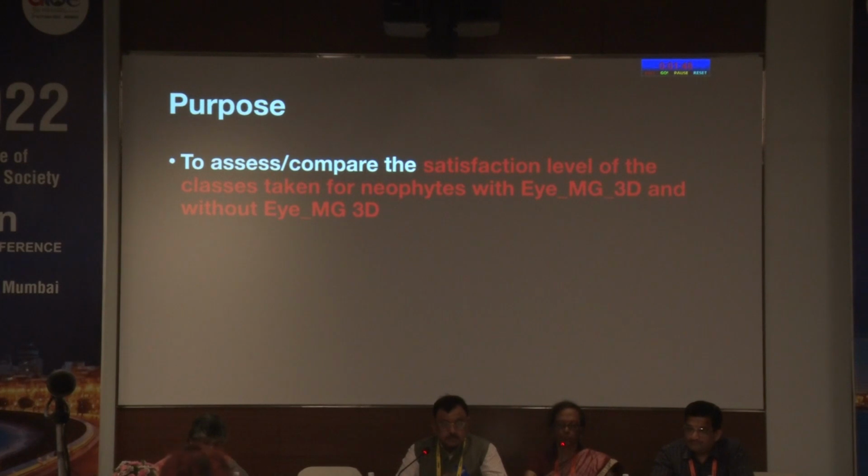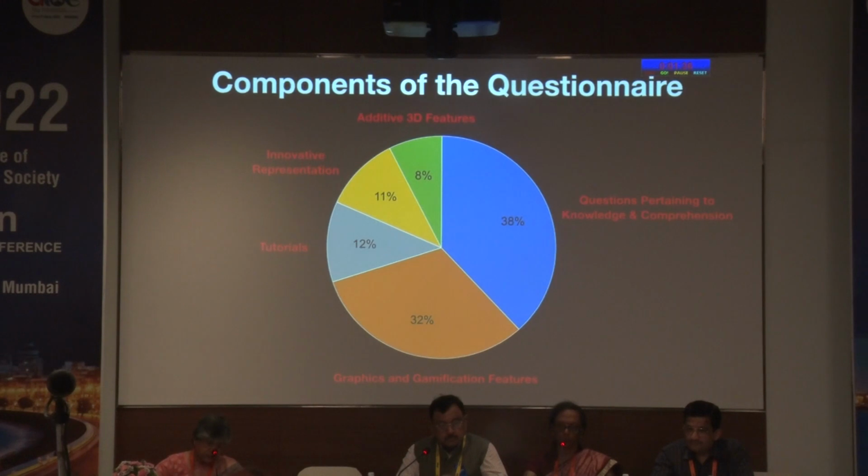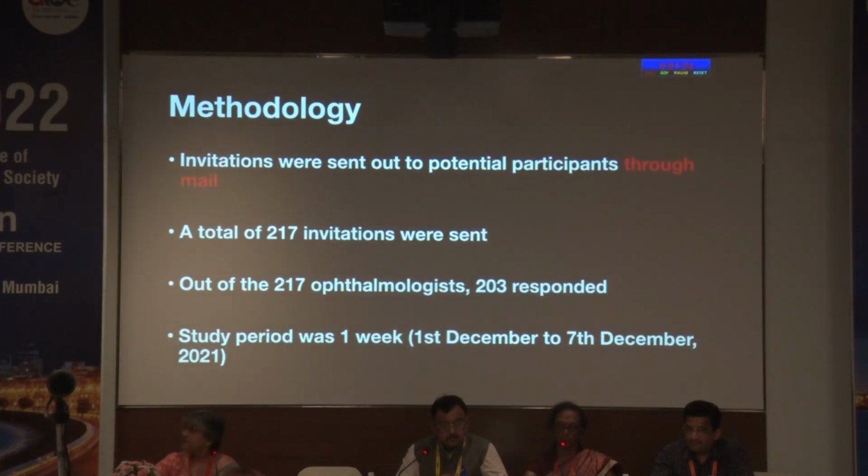We assessed the satisfaction level of the classes taken for first year postgraduates with the IMG3D app and without it. It was a cross-sectional, comparative study conducted with the users who downloaded this, with questions pertaining to knowledge, comprehension, graphics in the app, gamification, tutorials, innovative representation, and the additive 3D features. The invitations were sent through Google Forms. 217 invitations were sent and we had 203 respondents.